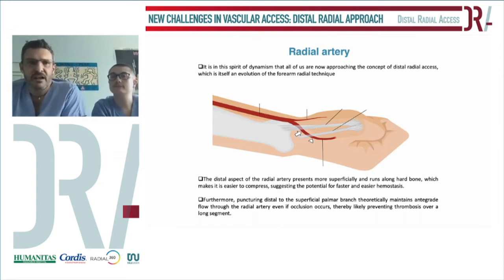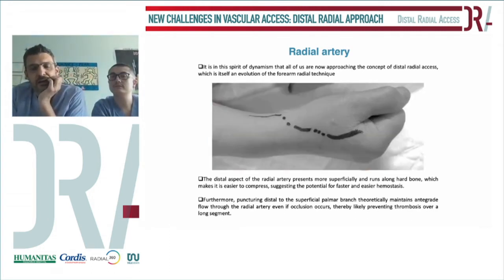The first description of the radial artery access, as I said before, was more than 40 years ago, and during this long period of time, the radial access improved, and we know that there are some other aspects that could make the distal radial access a good and safe access for the transradial approach.